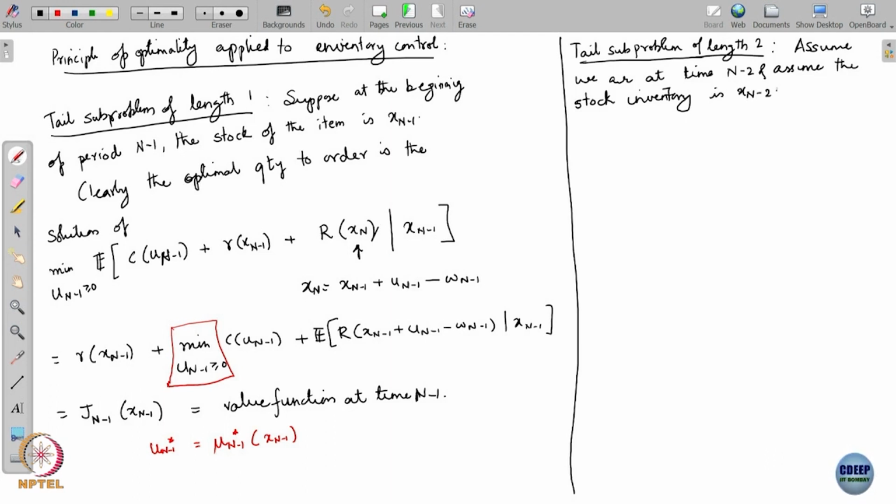Suppose that is the nominal level we are at.